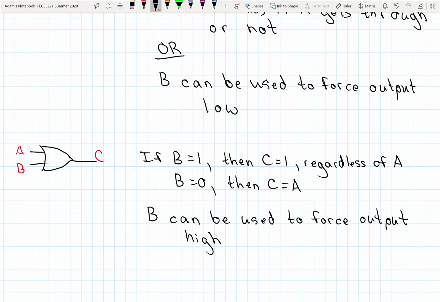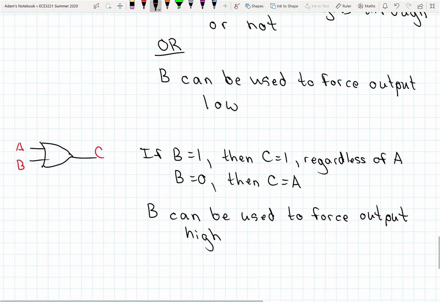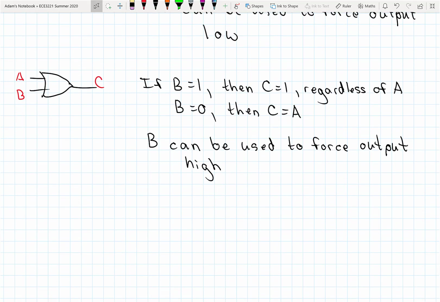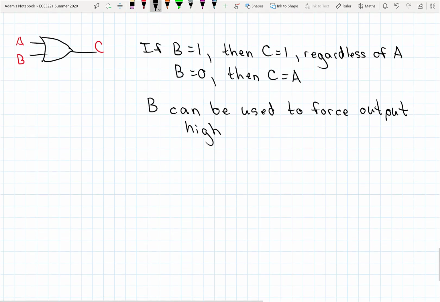So if we have a bit in our system that we want to force it to be high, to ensure it to be high, we can OR that bit with a 1 and the output will be forced high. Okay, let's continue to look at our use of these logic gates in this way.